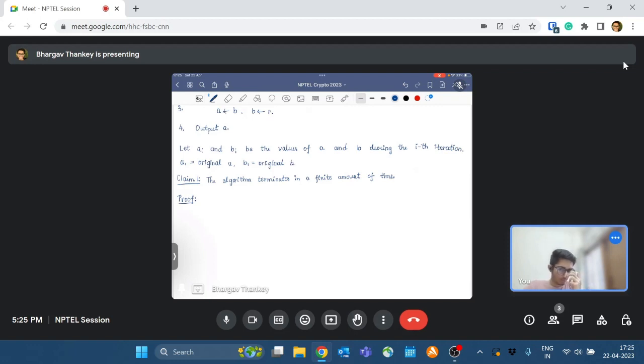Since this is an iterative algorithm, to differentiate between the values of A and B in different iterations, I'll call these values A_i and B_i.